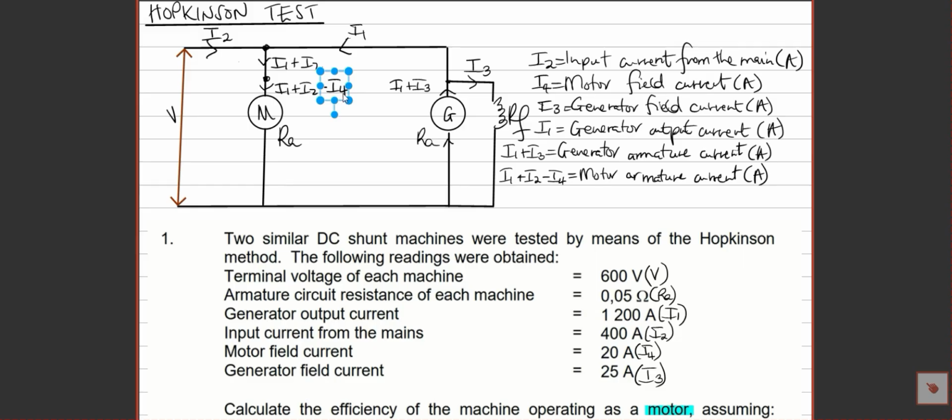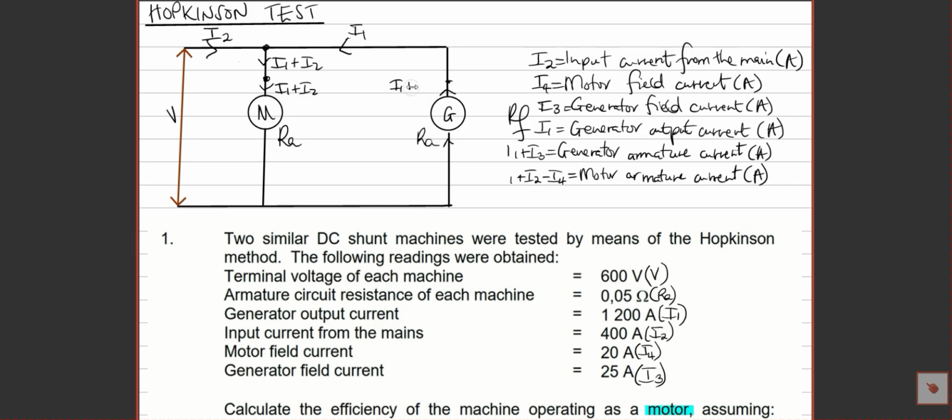You also don't have I4 here. By ignoring the field, it affects how you sketch your diagram, even some symbols within there.